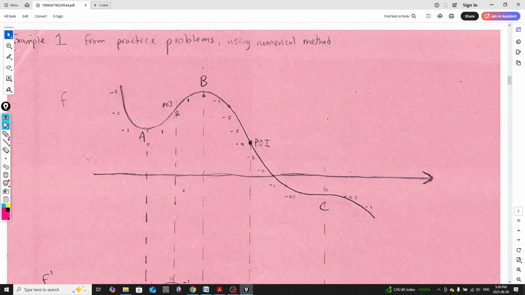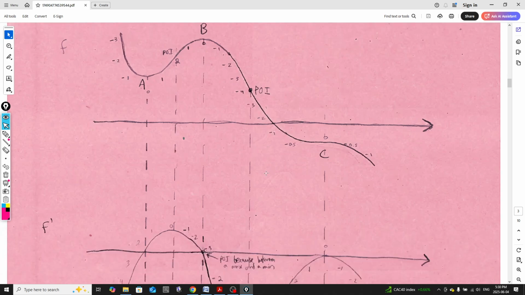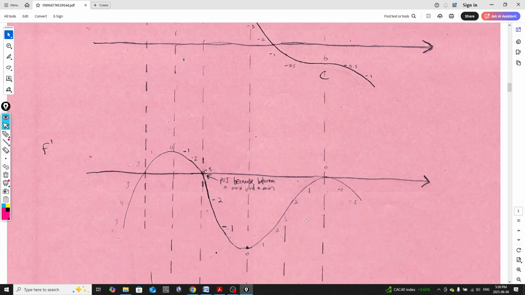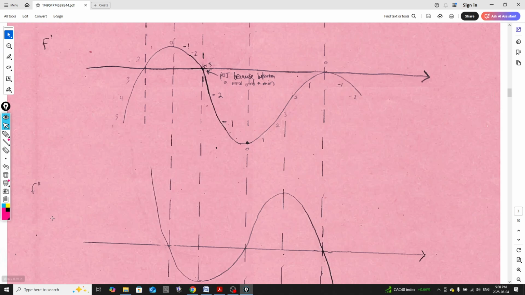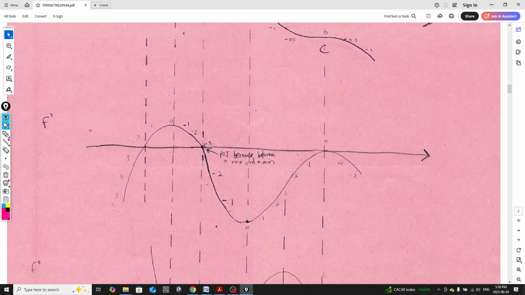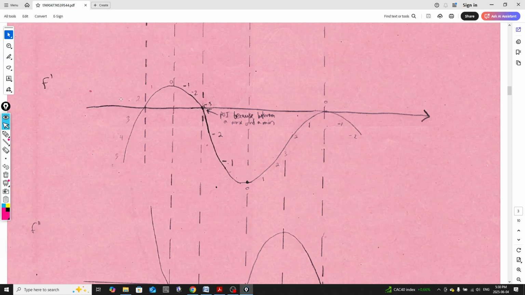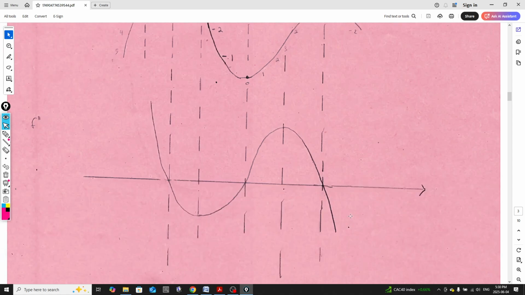And again, use that numerical method that I was showing you. That's kind of what I have up here. All I did is I wrote down some slopes. Those slopes helped me identify some points of inflection. Those slopes helped me draw the graph of f prime, and then I do the same thing from f prime to go down to f double prime. I'm going to write down some slopes, and then use those as y values in f double prime.